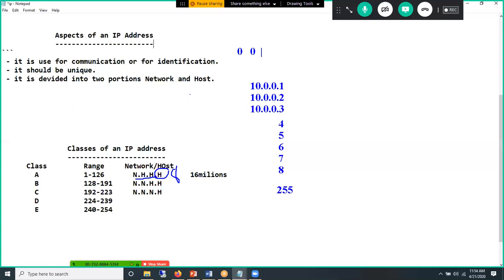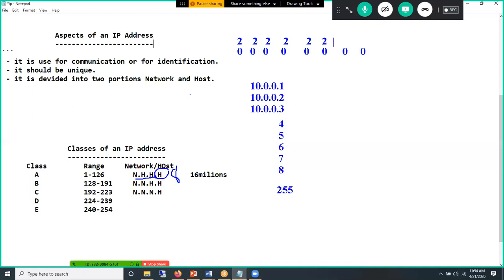So I'm calculating it here. 1, 2, 3, 4, 5, 6, 7, 8, so 8 bits. Now this 8 bits I'll be calculating by powers of 2.